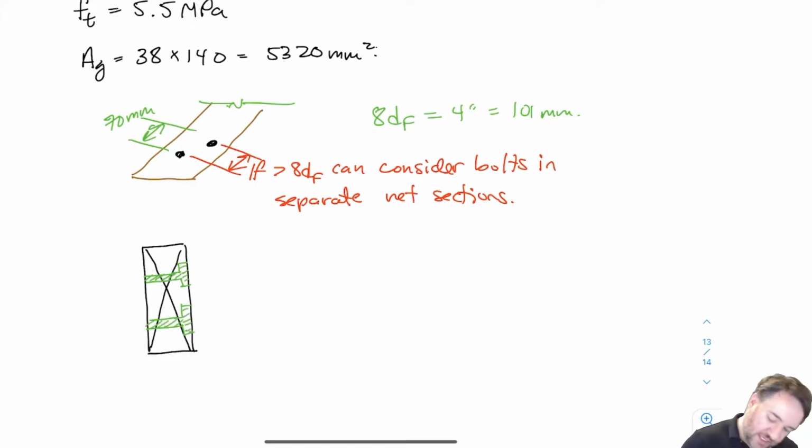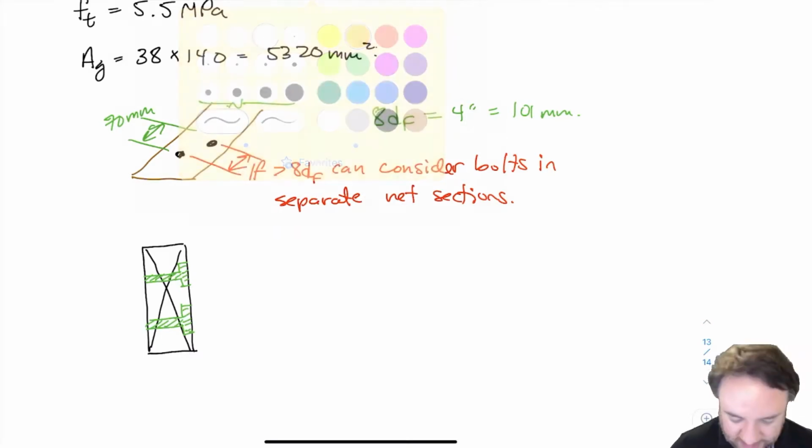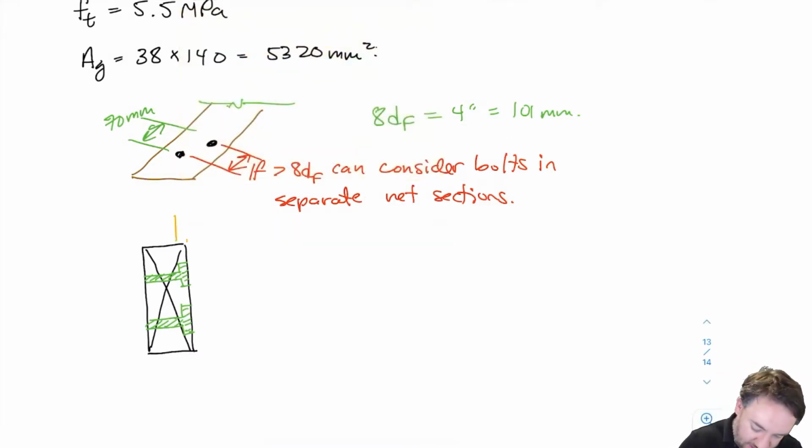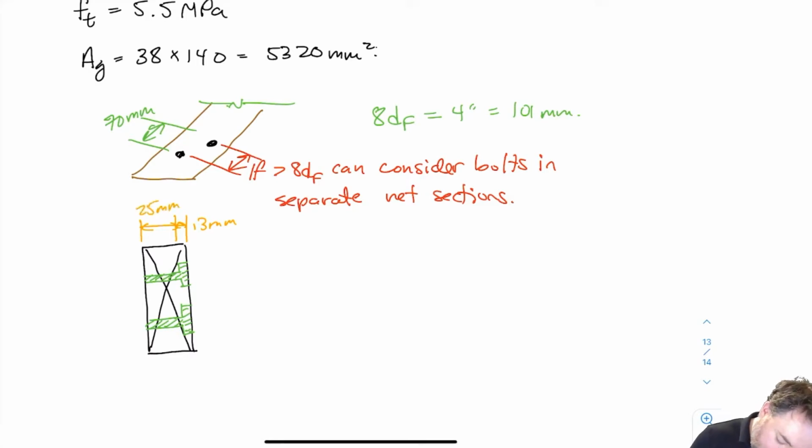Okay, so I'm going to make some assumptions for this. I've already said that the countersink bit is 13 millimeters. So this is 13 millimeters, and this is 25 millimeters. And we know that the bolt hole is 15 millimeters. And I'm going to assume that this is 19 millimeters, that it has to be 19 millimeters.